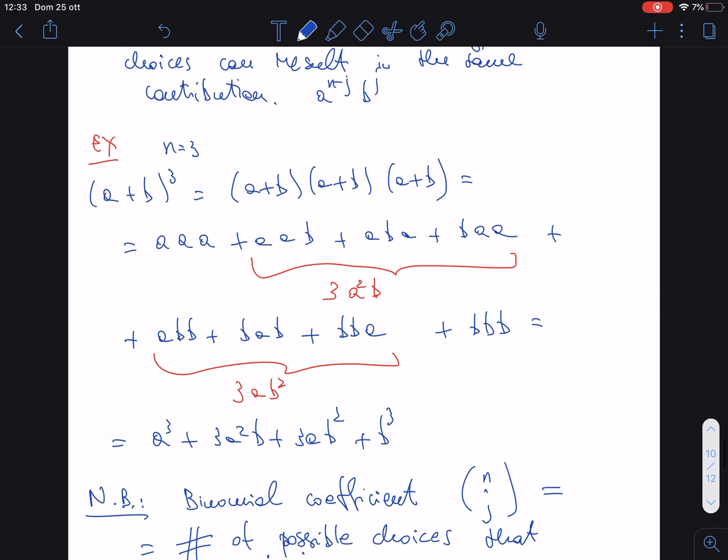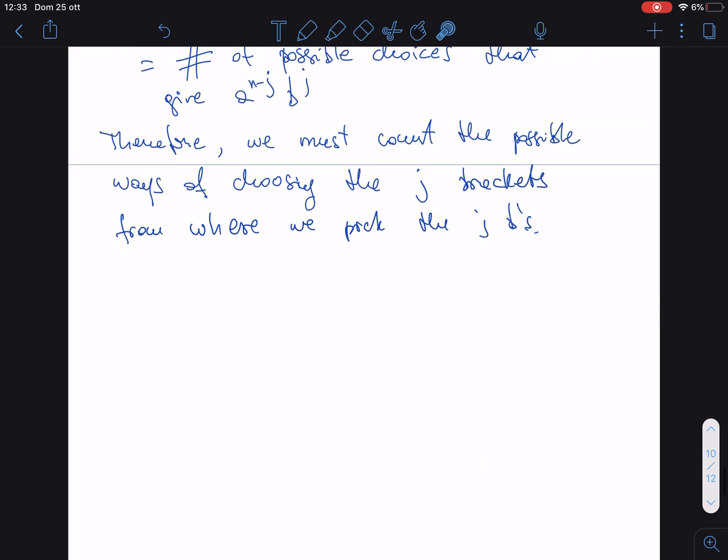So here, for instance, look at this term here. We wanted to take 2 b's, and the possibility of taking 2 b's were from the second and the third, from the first and the third, and from the first and the second. 3 possibilities. Okay, and now we count in general.